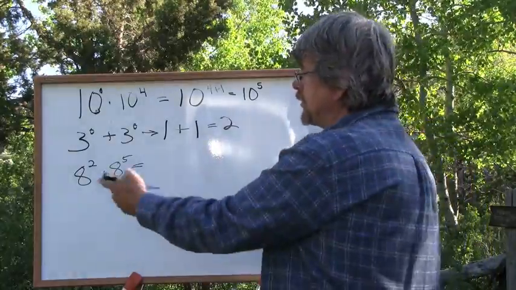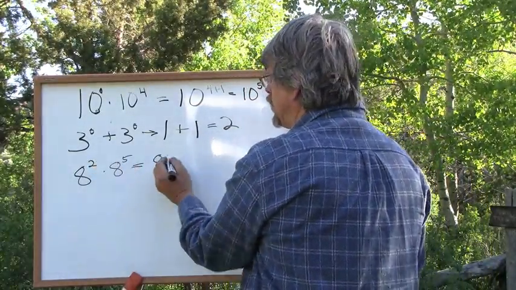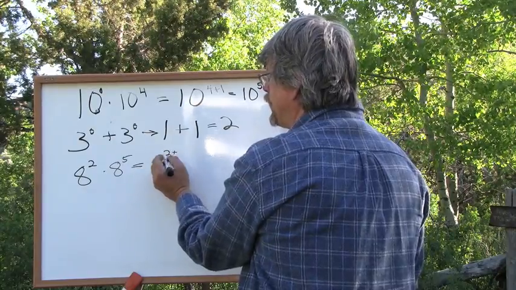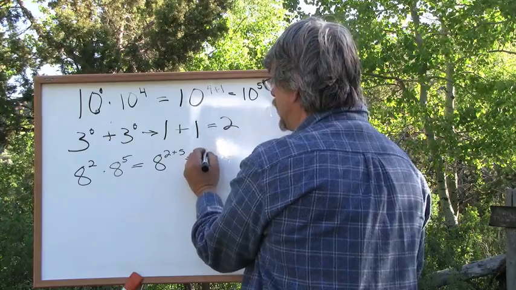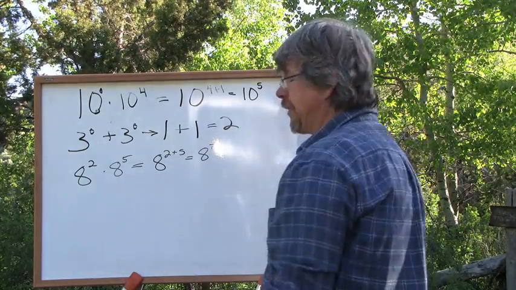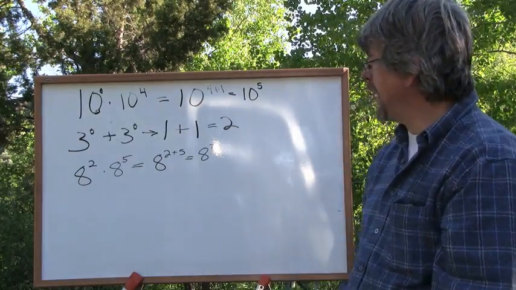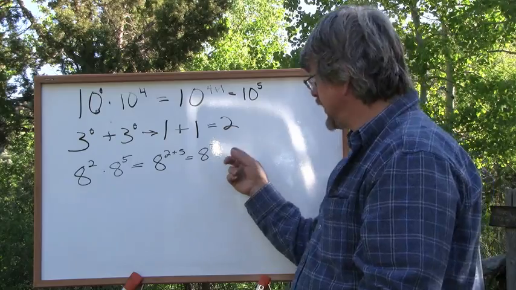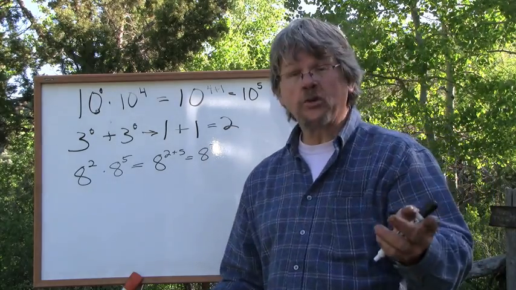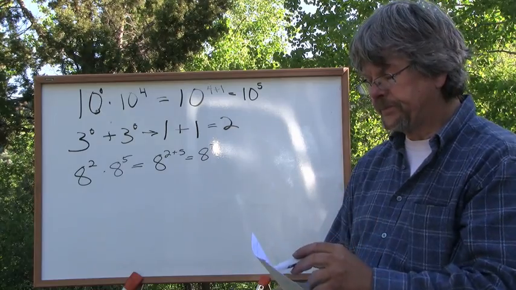When a number is multiplied by itself with the exponents, it's simply 8 to the second power plus the 5. And so this equals 8 to the 7th. And that's your answer. That's a very appropriate answer. If you want to use your calculator and multiply 8 out 7 times to get the actual number, you can. But this is also the proper answer, 8 to the 7th.